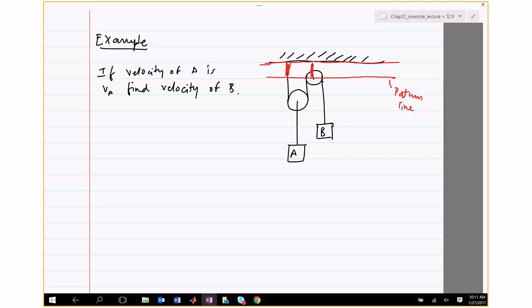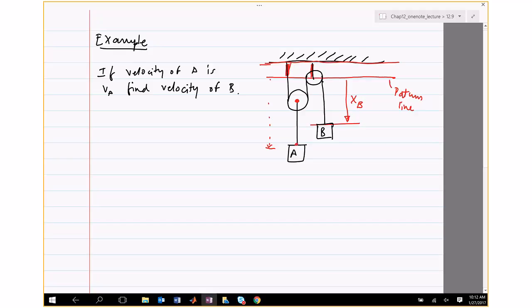So I better draw lines from the datum line to A and B. So for B, this would be XB, and I need to draw a line all the way to A. Now I could do that, I could draw a line like this all the way here. But what I notice is that this point and this point would have the same motion, right?